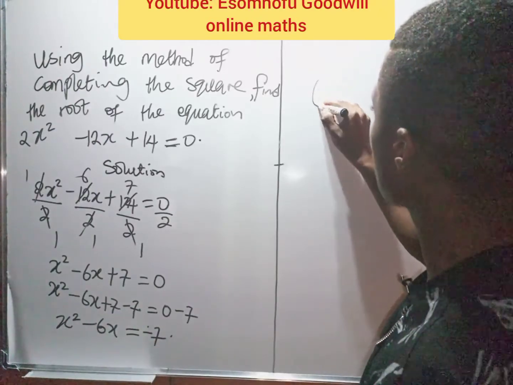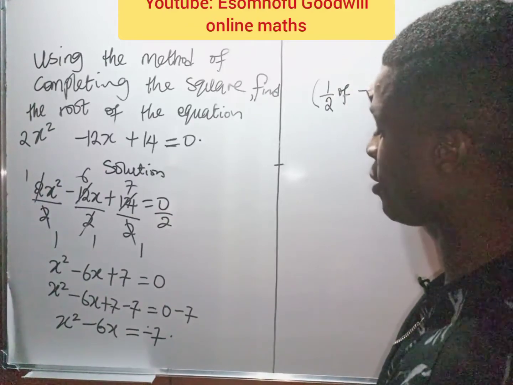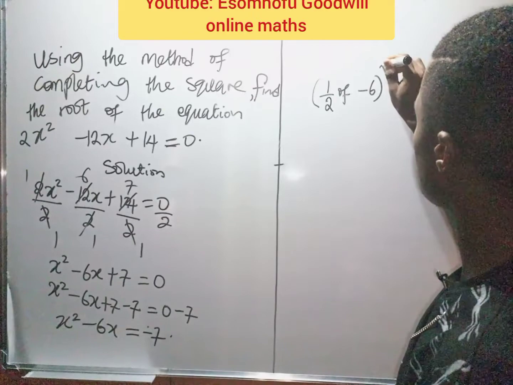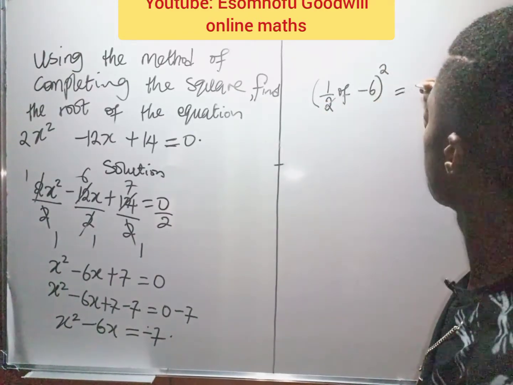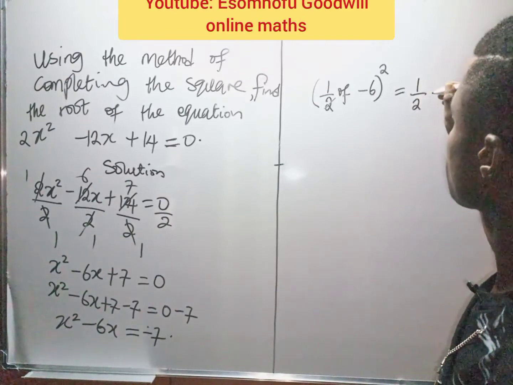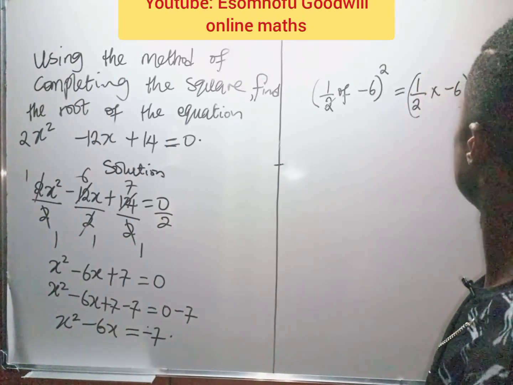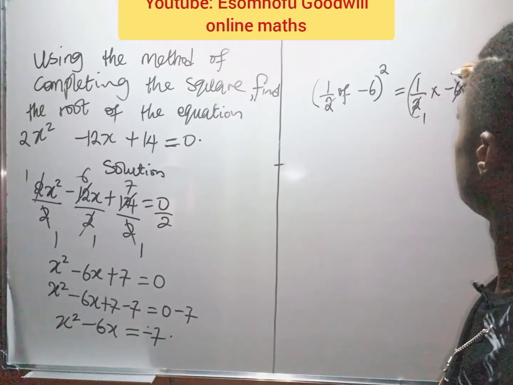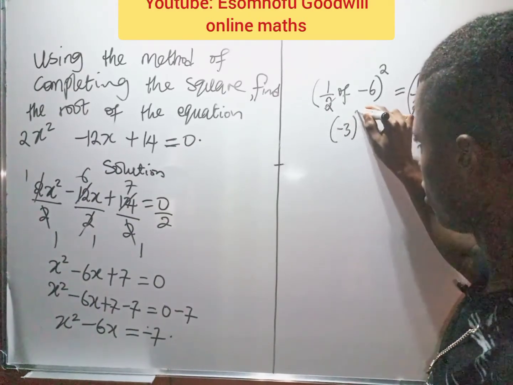So we are required to find the half of minus 6, all squared. The half of minus 6 is 1 over 2 times minus 6, all squared. 2 divided by itself is 1, 6 divided by 2 is 3, so we have minus 3 all squared.